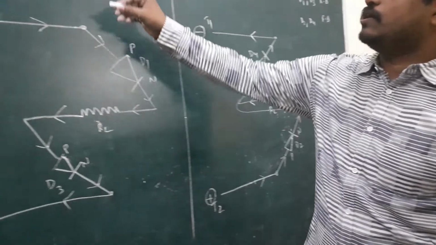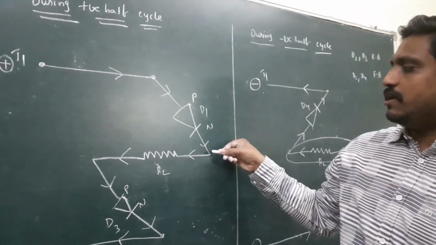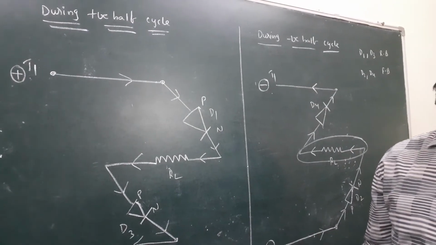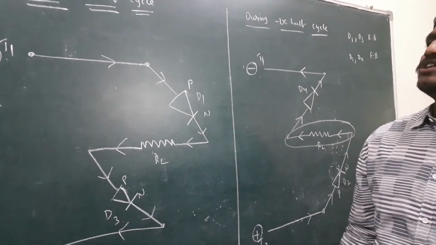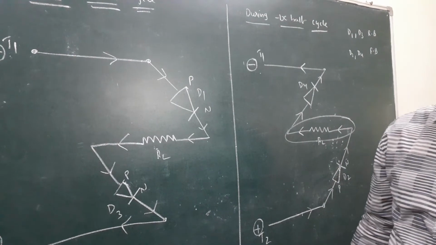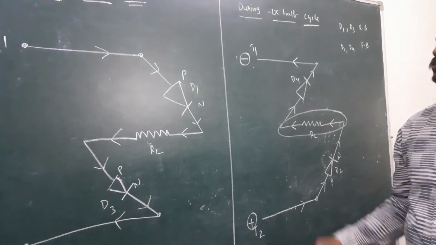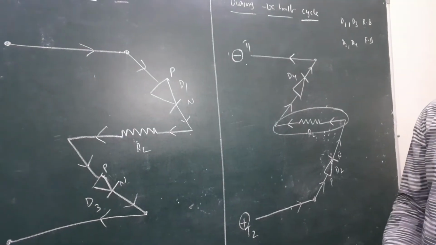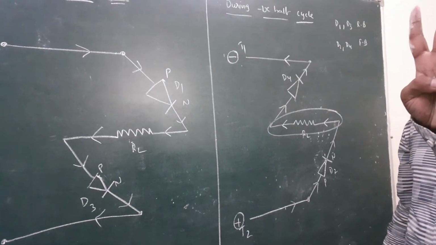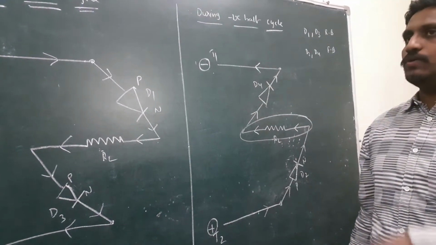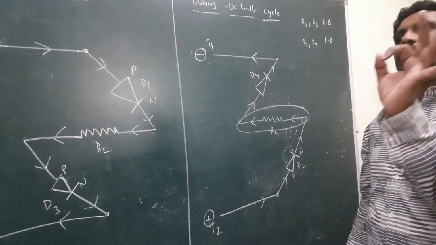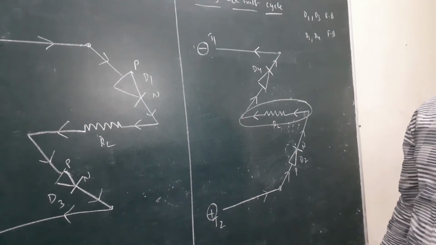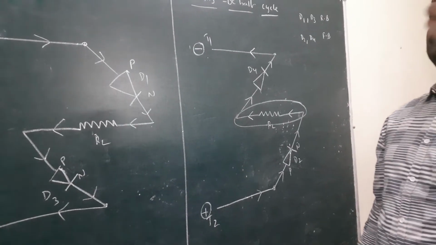Look here, during the positive half cycle the direction is also the same. Both are in one direction, that means the output is DC. That means here also AC is converted to DC, but how many diodes are used here? 4 PN junction diodes are used. During the positive half cycle, D1 and D3 are forward bias and working.